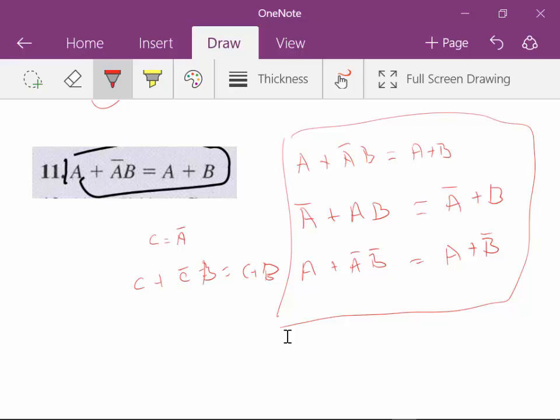this rule here, but we can expand this rule by understanding that A plus A not B is the same thing as A not plus AB is equal to A not plus B, or A plus A not B not is the same thing as A plus B not.